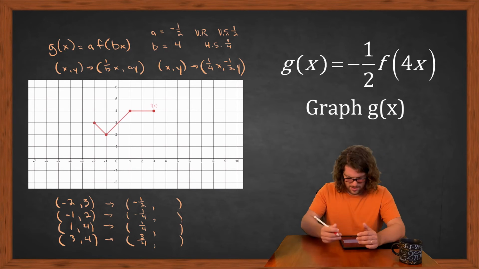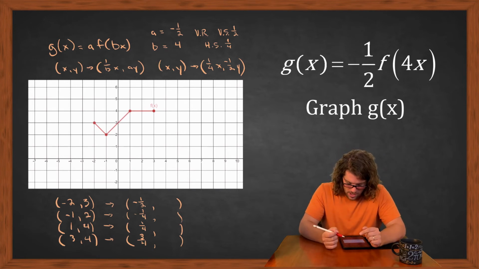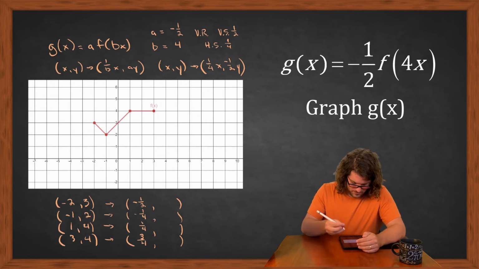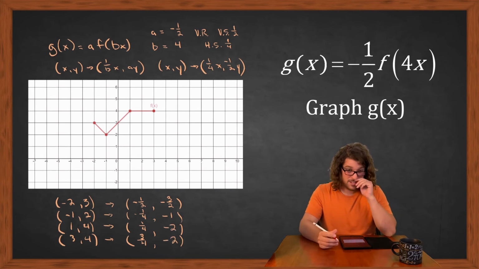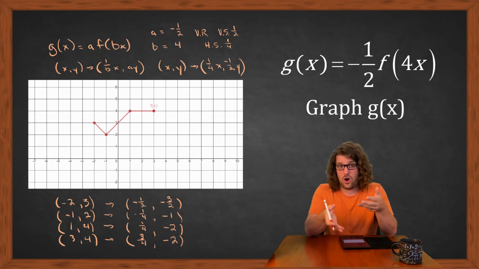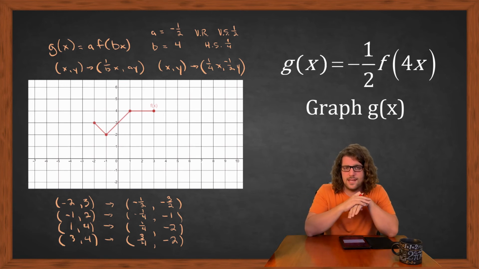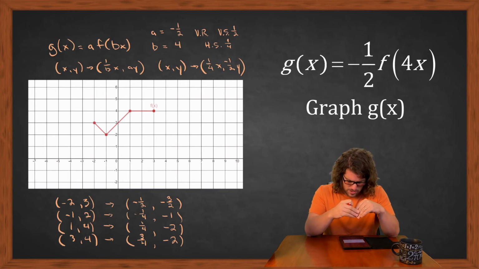Next up, I have -1/2 of the y value. So that's going to be -3/2, -1, -2, and -2. So everything's going to flip vertically, so it's all below the x-axis instead of above the x-axis.